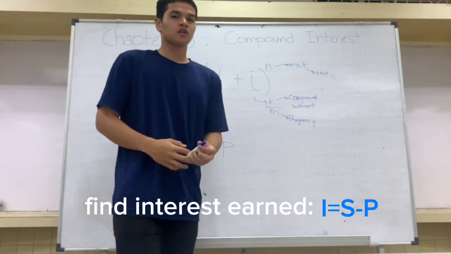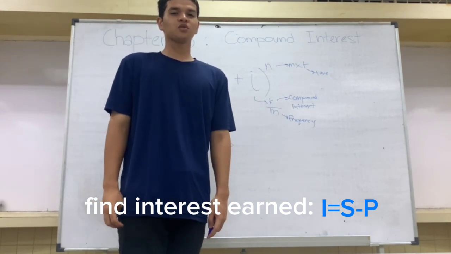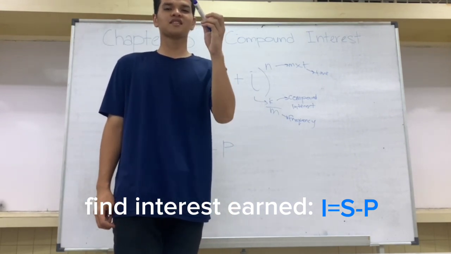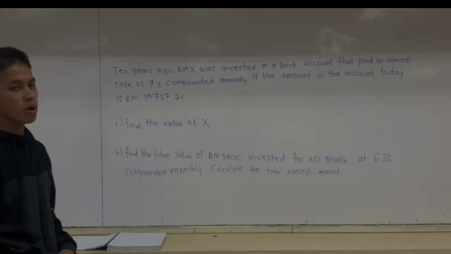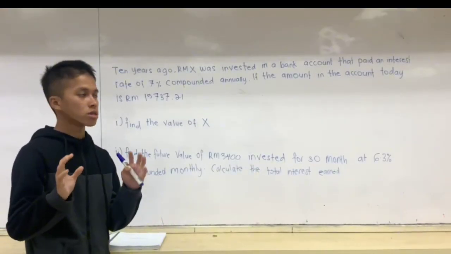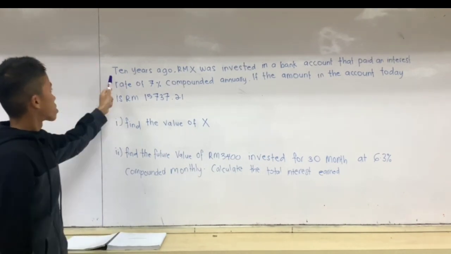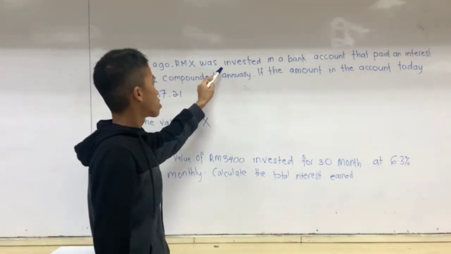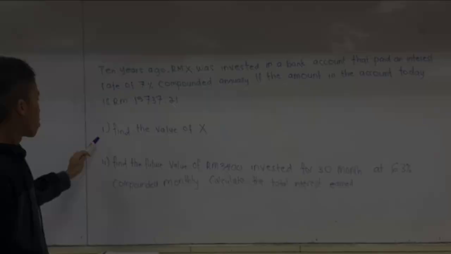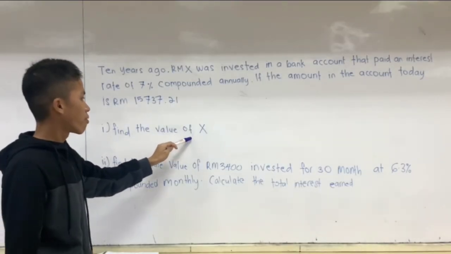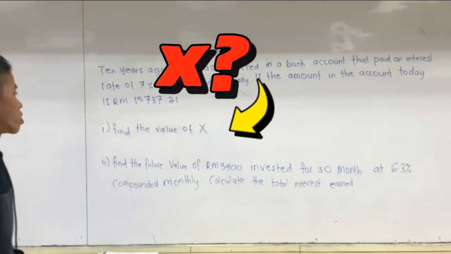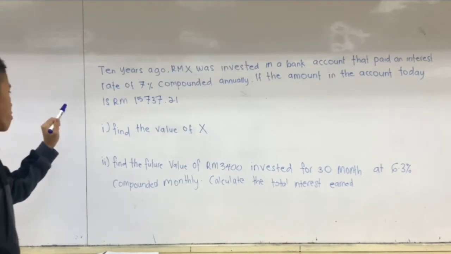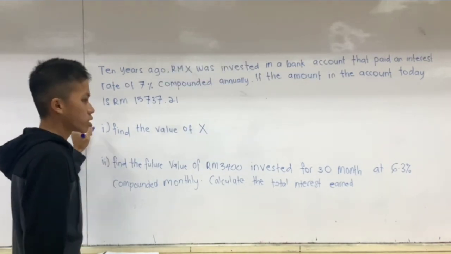So let me show you the question example. Okay, we look at the situation 10 years ago. Find the value of S. So we will find the answer for this question.